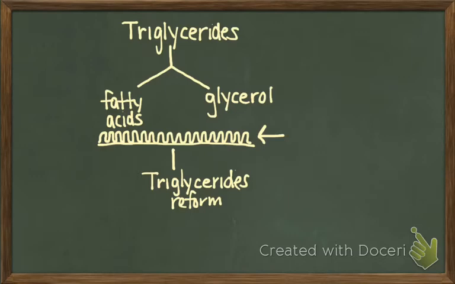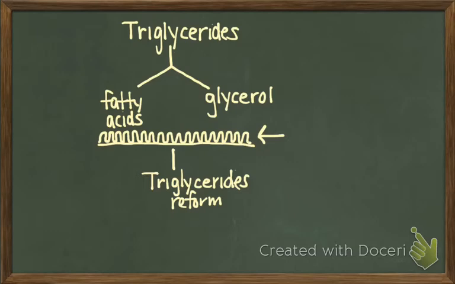Some of the glycerol could be converted to pyruvate, and if you remember from carbohydrate metabolism, the pyruvate is something that ends up eventually going into the Krebs cycle. So some of that glycerol that breaks off of those triglycerides can be converted that way.